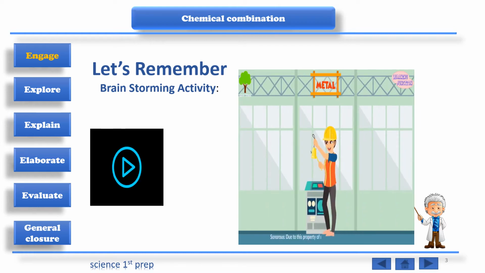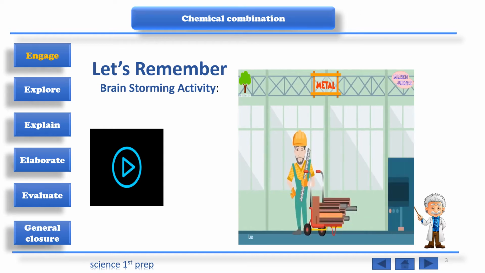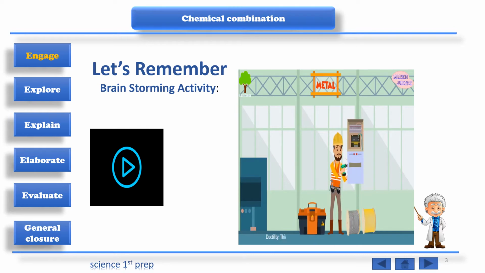Sonorous. Due to this property of metals, produces ringing sounds on hitting. Lustrous. Because of this property, metals shine and their structures are capable of reflecting incident light. Ductility. This property allows the metals to be drawn into the wires. Metals like copper and aluminium wires are used in electric connections.